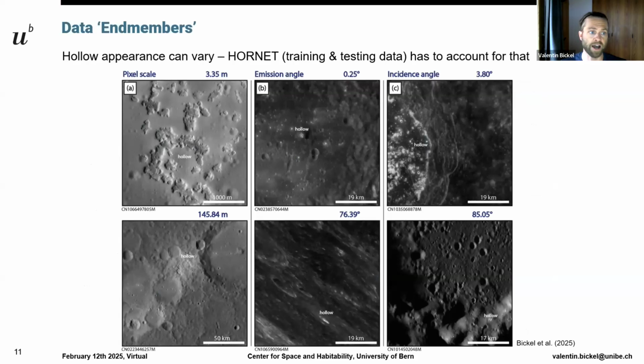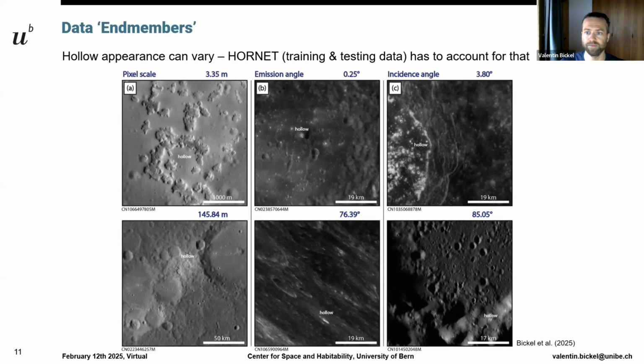At the top, we have a very high resolution, about 3 meters. At the bottom, you see a low-res image, about 145 meters resolution. And you can see that in the top image, hollows are clearly visible. It's a beautiful image. At the bottom, hollows are reduced to a couple pixels, a couple dots on the surface. And again, I have to underline that our model has to be able to detect hollows in both those frames.